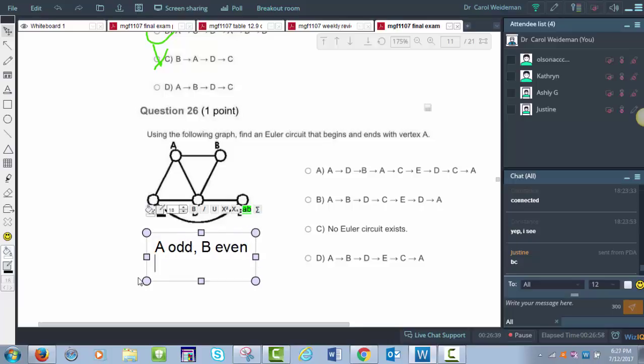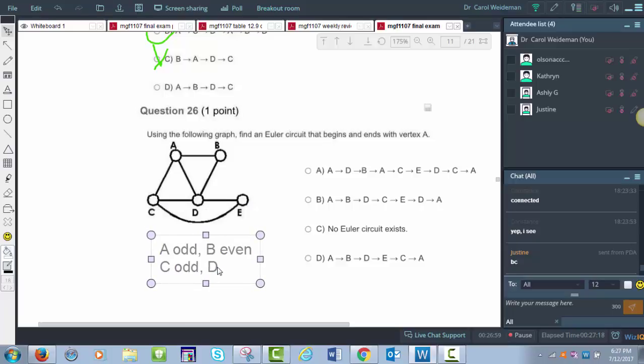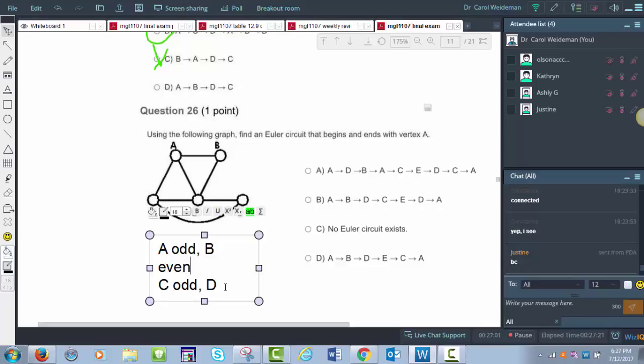B is even. How about C? Take a look. What's C? 1, 2, 3. So C is odd. And then we need D. D is 1, 2, 3, 4, even. And then lastly, we need E.